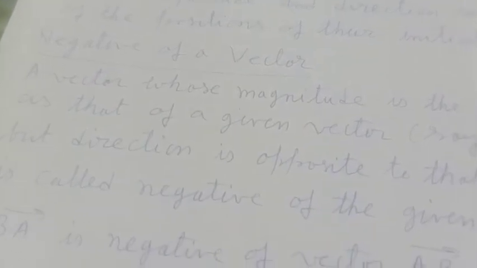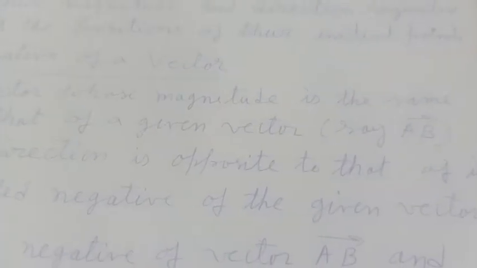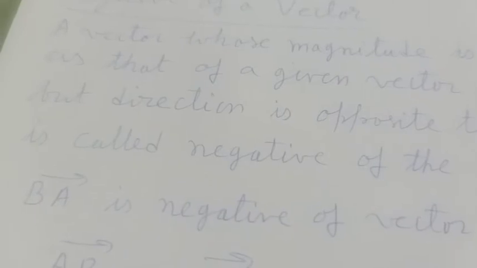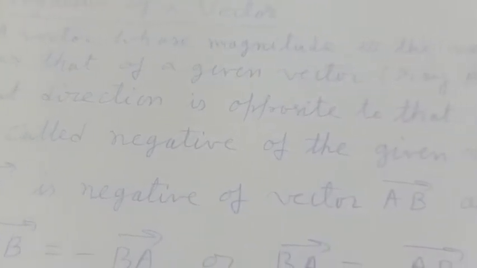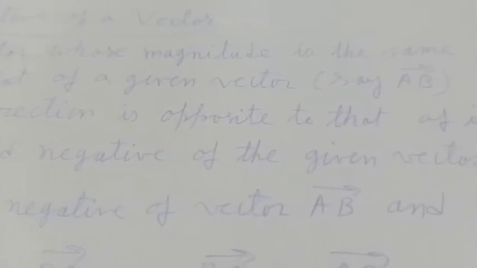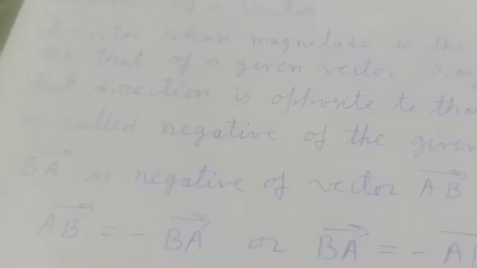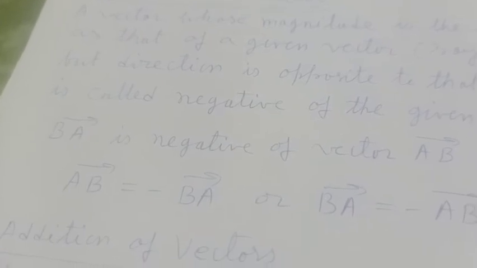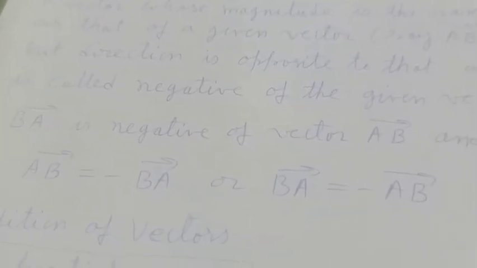A vector whose magnitude is the same as that of a given vector, say vector AB, but whose direction is opposite to it, is called the negative of the given vector. Vector BA is the negative of vector AB, and we can say vector AB equals minus vector BA or vector BA equals minus vector AB.